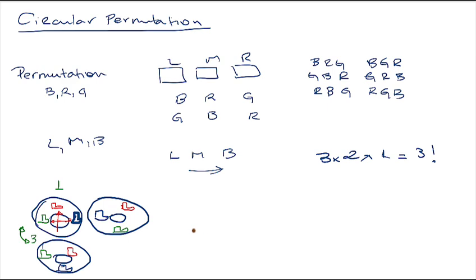Okay. Now, for the circular permutation, we have to kind of account for this. The reference now is not a fixed reference, but it can turn, right? The reference is the object itself.